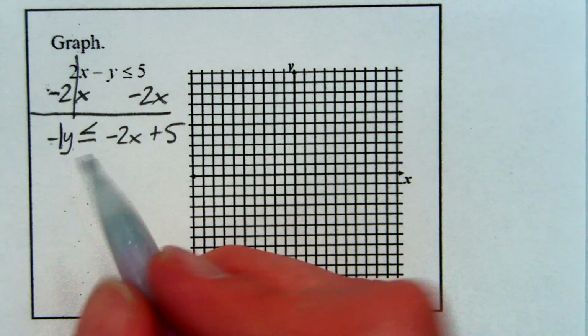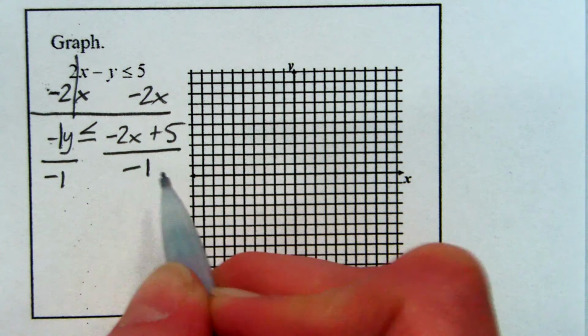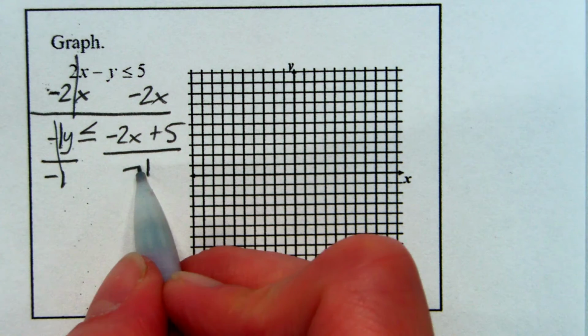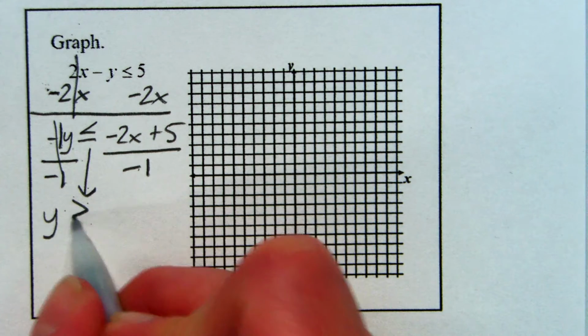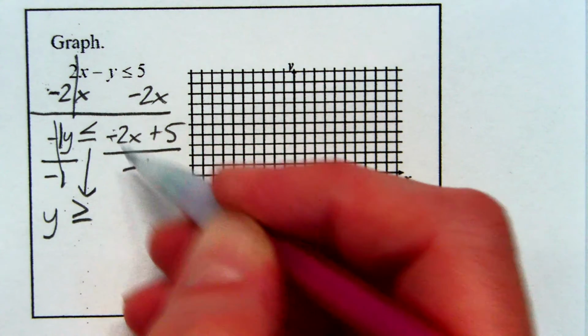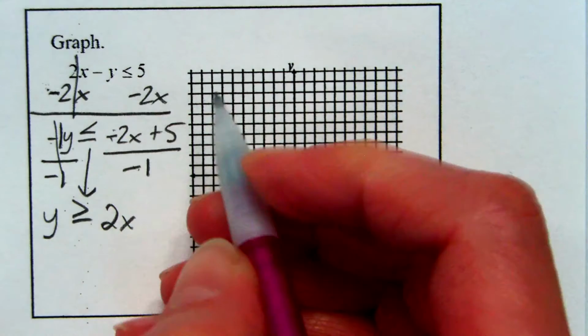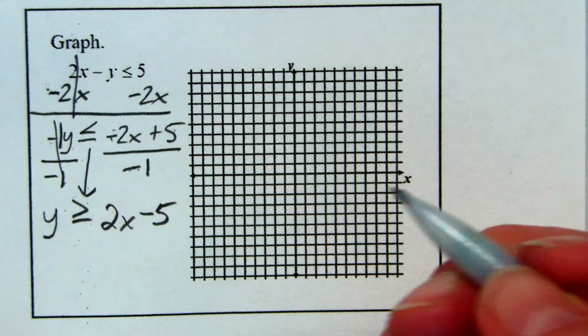And that gives us something to divide by. So we'll divide by the coefficient of y, which is negative 1. And when we divide by a negative, that flips our sign. So the less than is going to become greater than or equal to. The negative 2 and negative 1, the negatives cancel. We'll get positive 2x. And then 5 divided by negative 1 is negative 5.